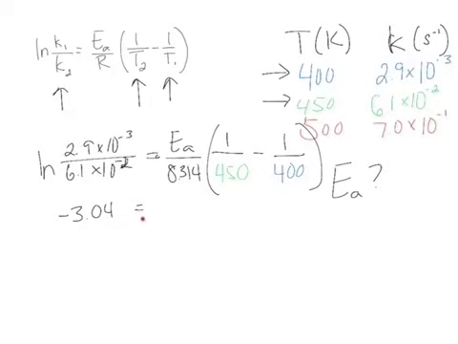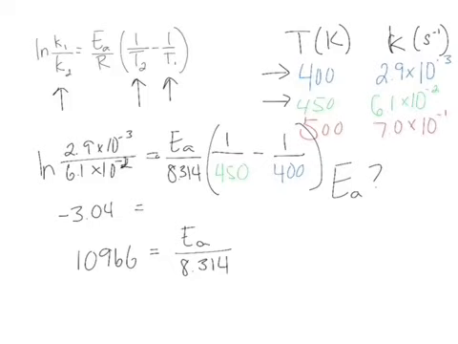So in order to isolate this term right here, we can divide negative 3.04 by all of this right here. I would take this entire thing and move it over to the other side through division. If I move all of this over to the other side here, I end up getting 10,966 equals the activation energy over R, 8.314.